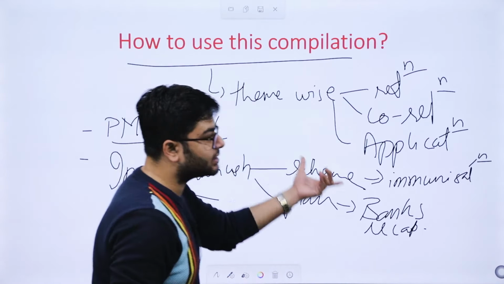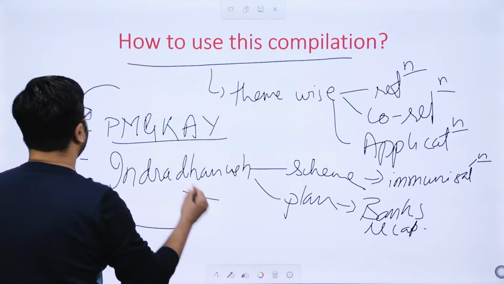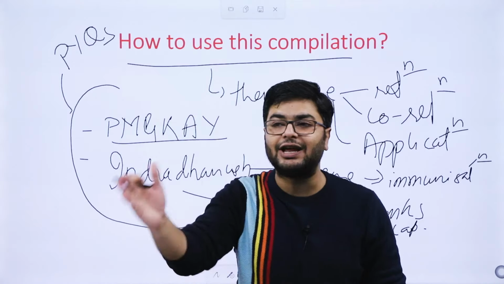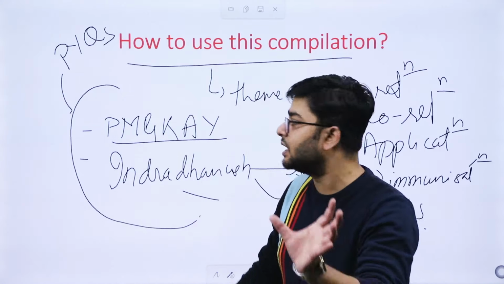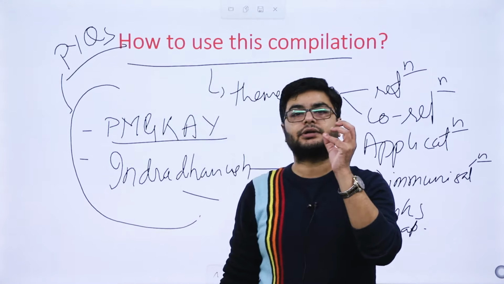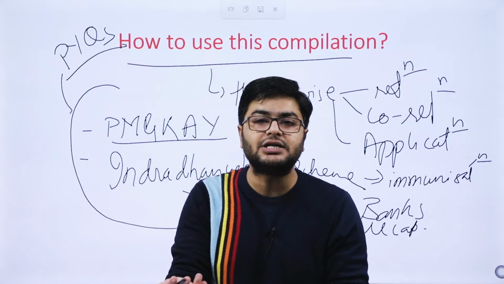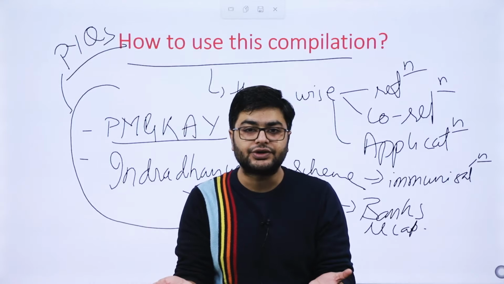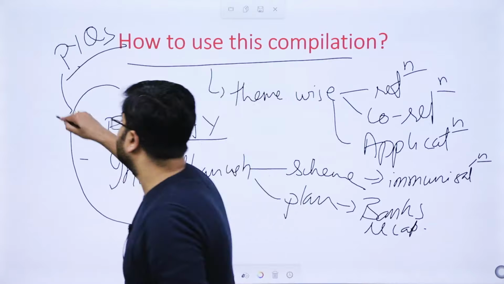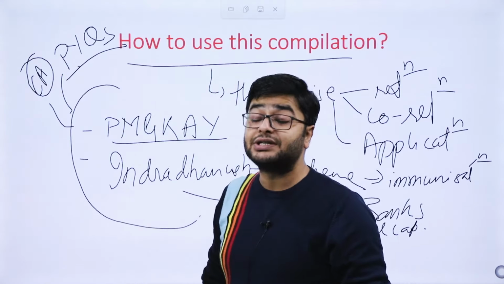Also, we have provided the PYQs so that you get the real feel of how a particular concept, how a particular program and policy was interpreted before. Because it is not just about the information. Information is like a weapon, but if you do not know how to wield it, how to fire it, it is of no use. So PYQs teach you that. Along with that, the current affairs updation that these programs and policies have. Some of the programs and policies are legacy policies.